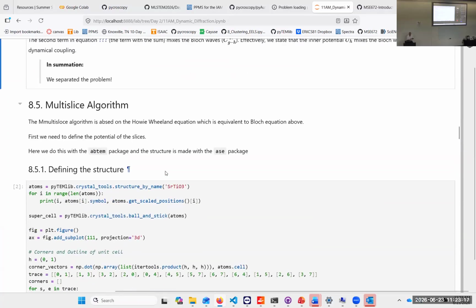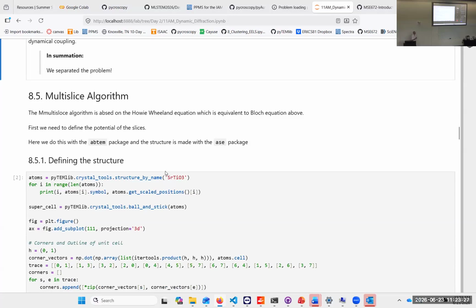What we do in a multislice technique is based on the Howie-Whelan equation. R.G. Howie was in the Cavendish lab, an interesting person. Whelan was his postdoc, I think.